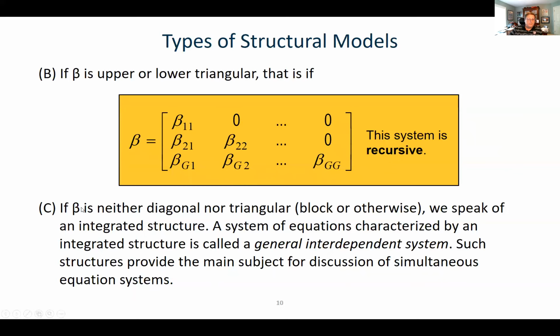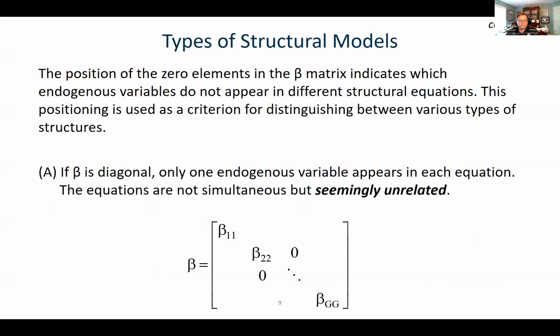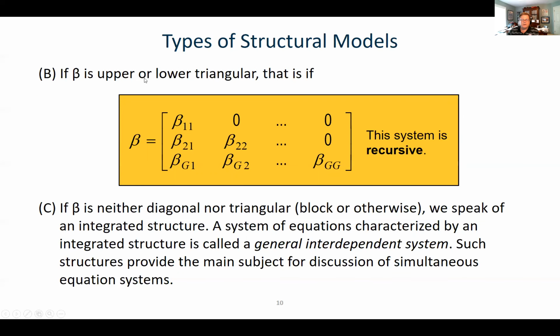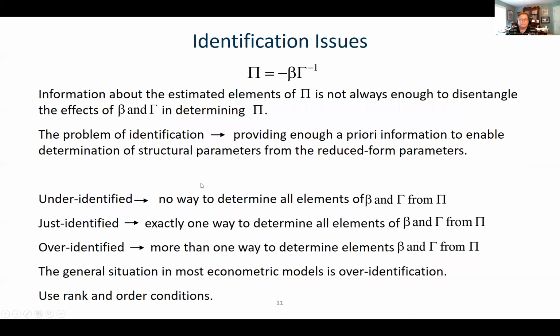Now, if beta is neither diagonal nor triangular, we speak of a simultaneous equation model, or in general, a general interdependent system. So if you've specified the matrix of coefficients of endogenous variables, which has to be a square matrix, and the beta matrix is not diagonal and is not upper or lower triangular, then we have a simultaneous equation model.